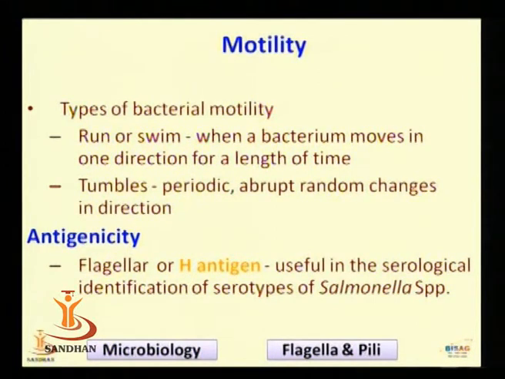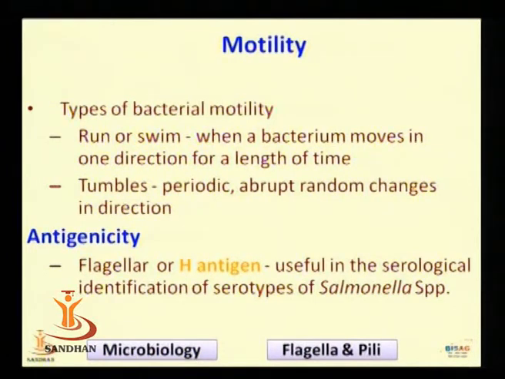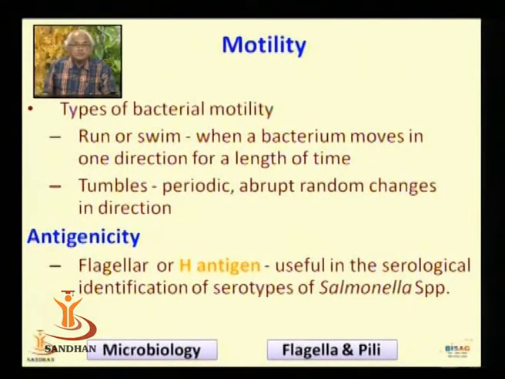Now when we talk about the ability of the bacterial cell to move, we have to remember that the bacterial cells move with the help of the flagella. Now how do the bacterial cells move with the help of the flagellum? The flagellum, as has been repeatedly told by both of us, is a very delicate, very fragile and very thin structure which cannot be used by the bacteria to stroke the inertia of the water bodies in which they have to swim.